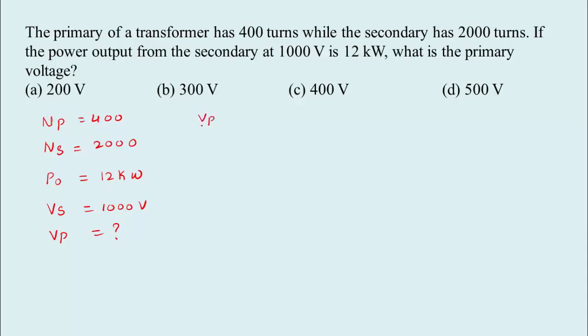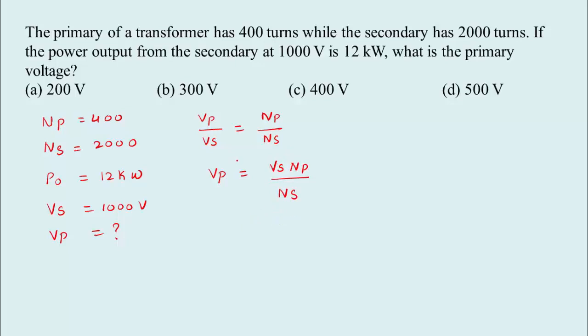So we know the equation Vp divided by Vs equal to Np divided by Ns. So we want voltage across primary, therefore Vp equal to Vs Np divided by Ns. Substitute the values. So here Ns value is given 2000.